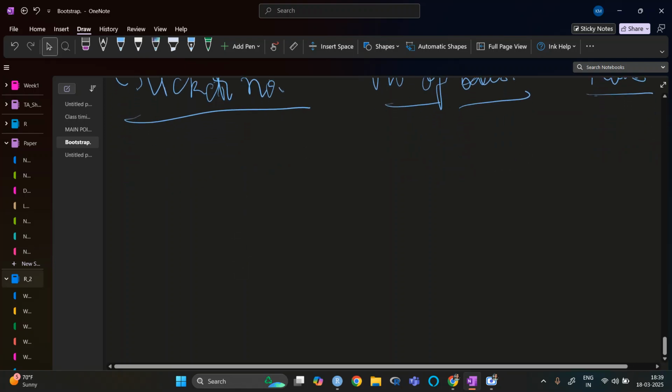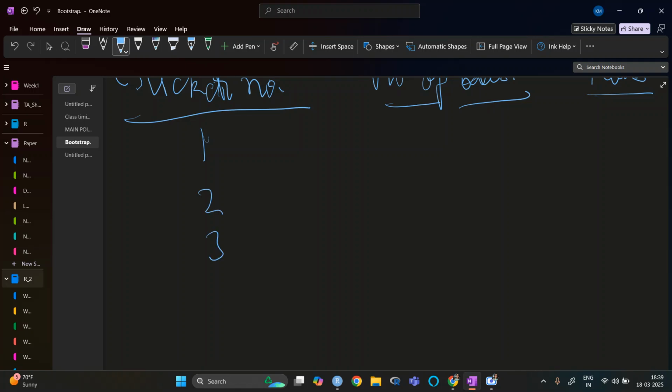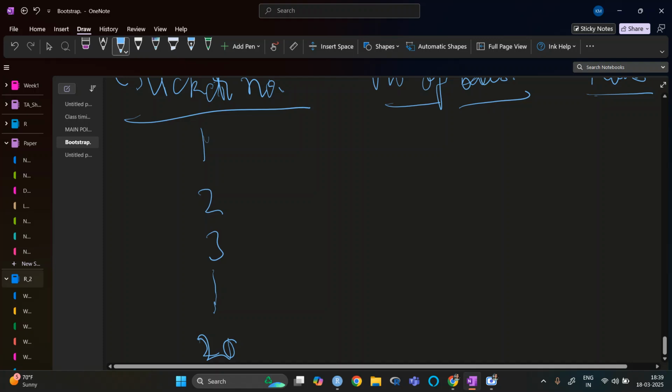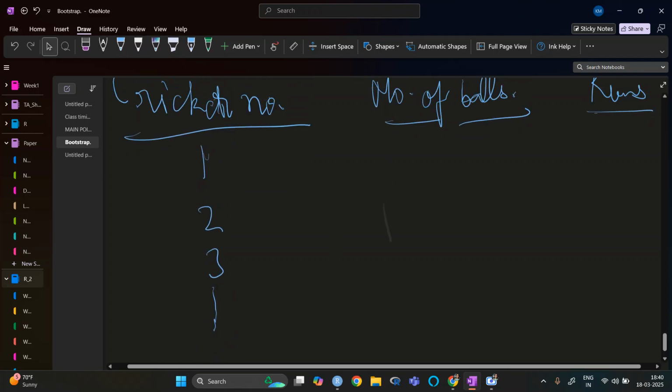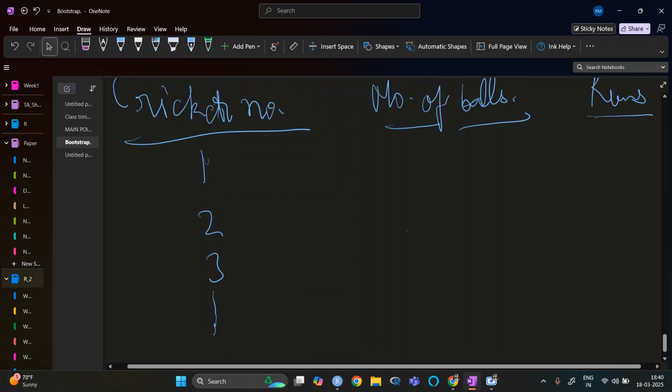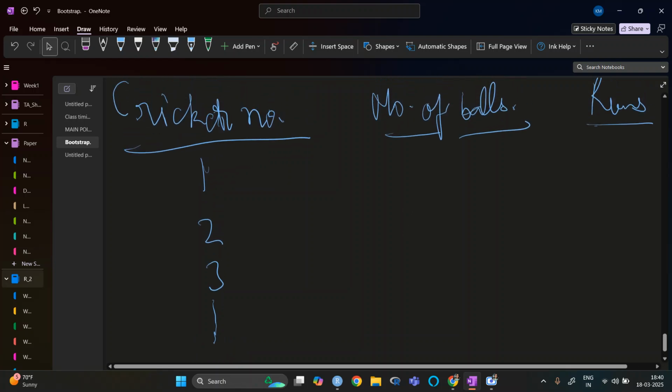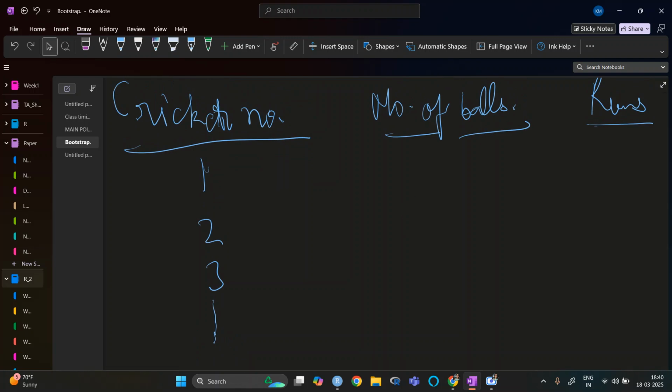Let's say for both sides we are taking cricketers, so I think we can take 1 to 22. If the 10th one is out, we cannot let the 11th play. Okay, so up to 20 we are taking.